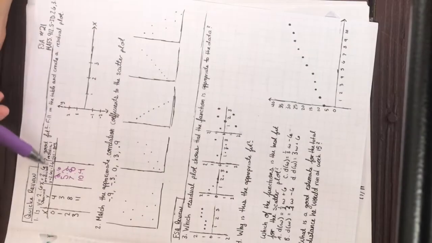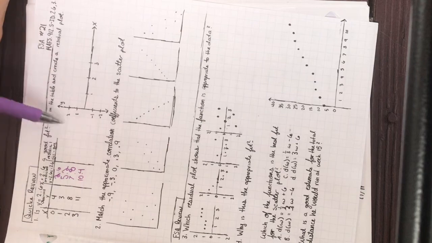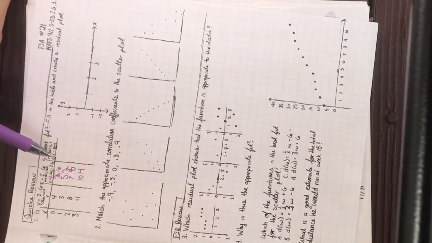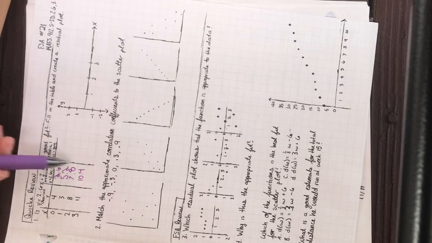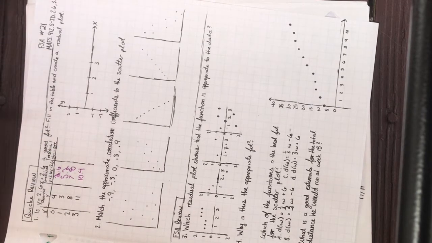Now to find out if this line is a good fit for these points, we're going to look for our residual amounts that are left. Basically I'm going to subtract my predicted value from my observed value, which gives us our residual value, or the difference between what we observed and what the line would actually be.